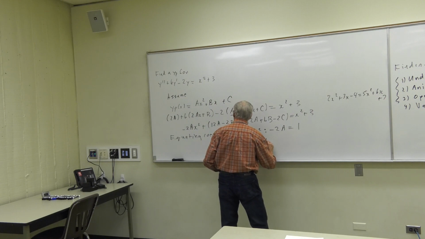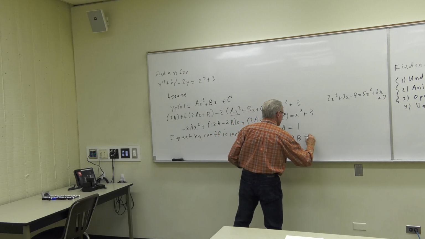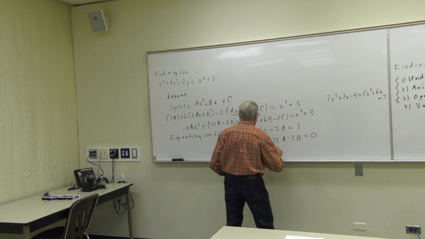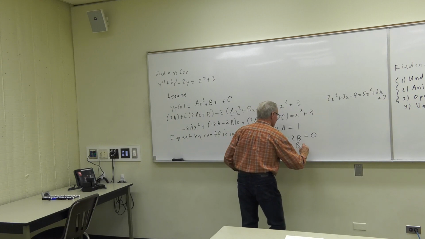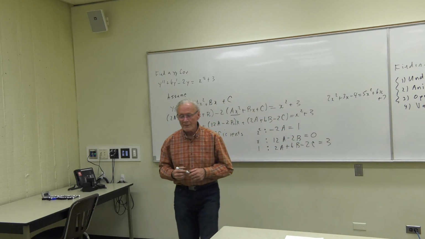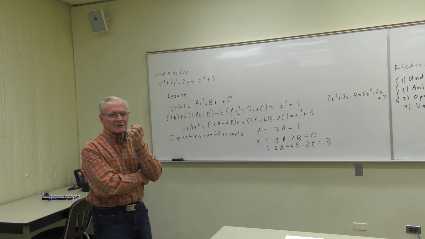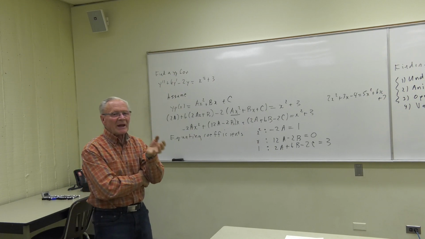For x terms, I would have 12a minus 2b is equal to 0. And for non-x terms, which I call 1, I would have 2a and 6b minus 2c is equal to 3. And what have you got? 3 equations in 3 unknowns to solve for a, b, and c.